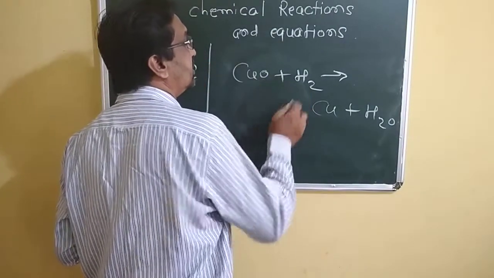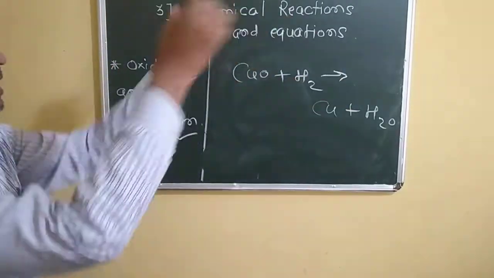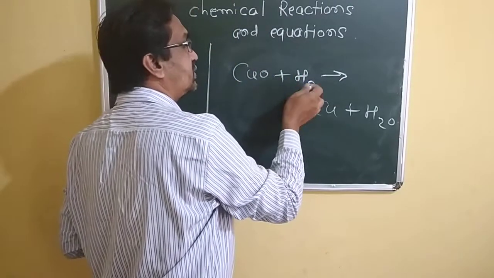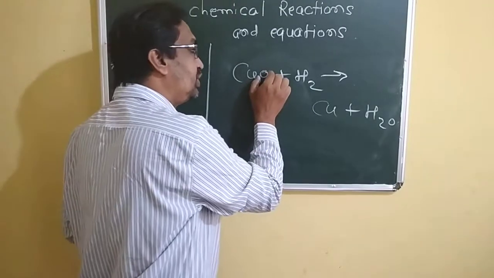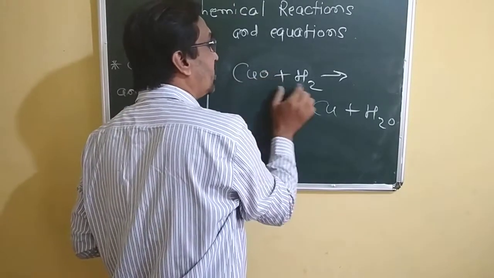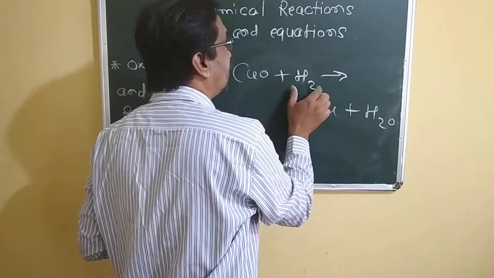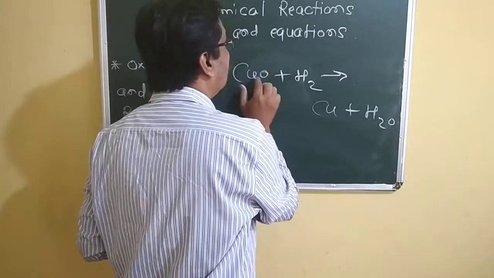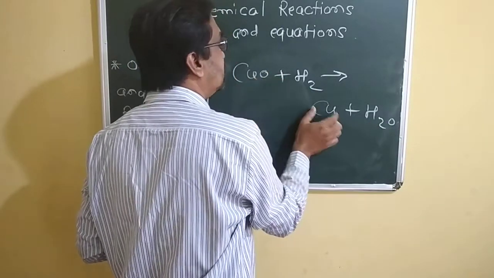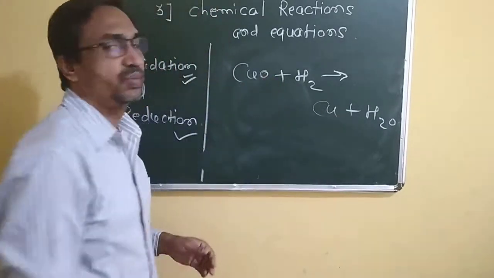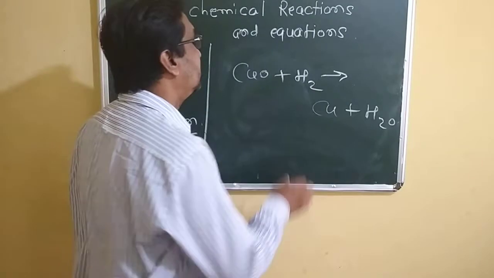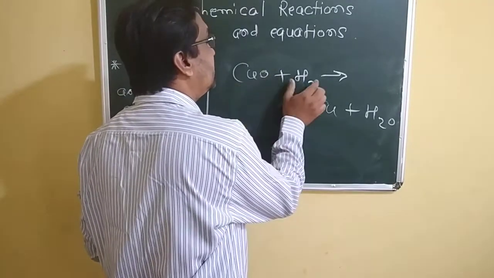Here is a reduction, and an oxidation of hydrogen. Oxygen is removed from copper oxide, and H2 is oxidized. Due to the removal of oxygen, the reduction process happens, and the reducing agent is H2.